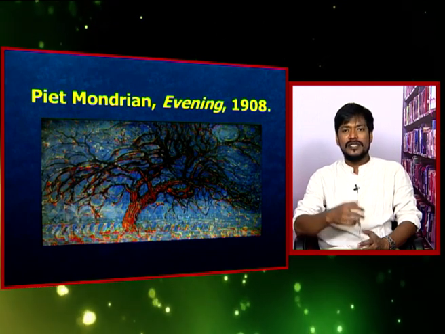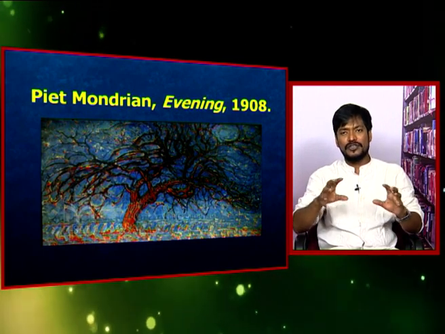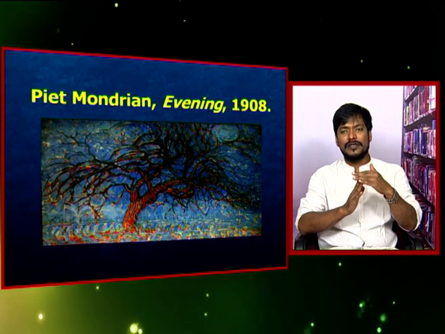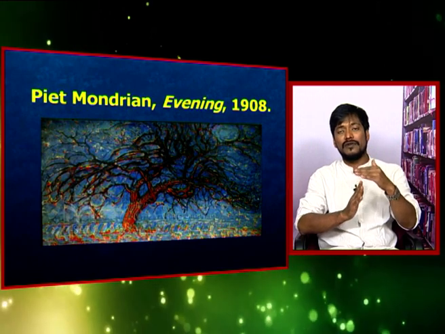What you see here is the horizontal spreading of the branches, and you have a vertical trunk of the tree, right. So you have a sort of dialectical contrast. You need one for the other: you need branches for the trunk, you need the trunk for the branches.